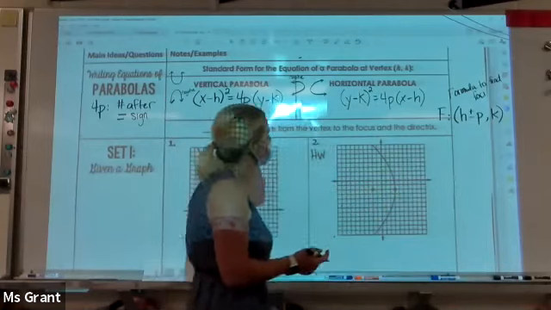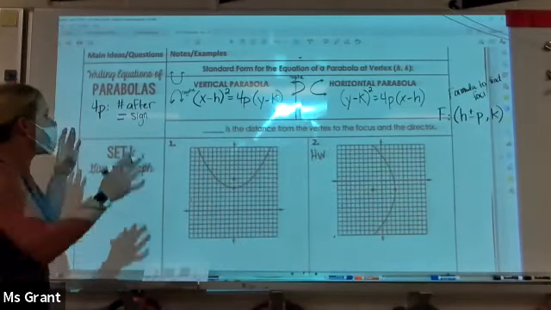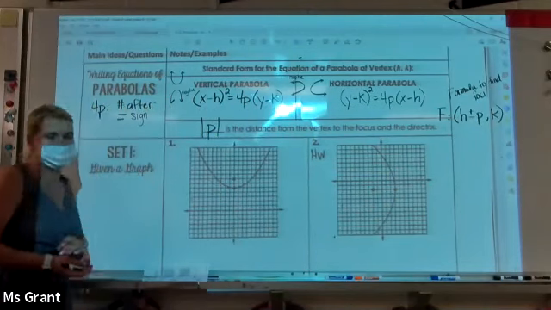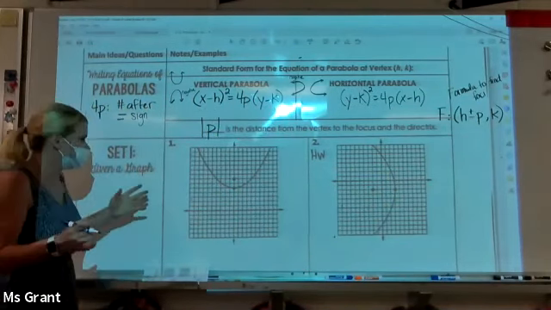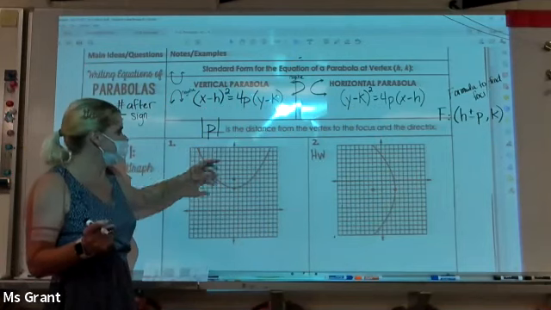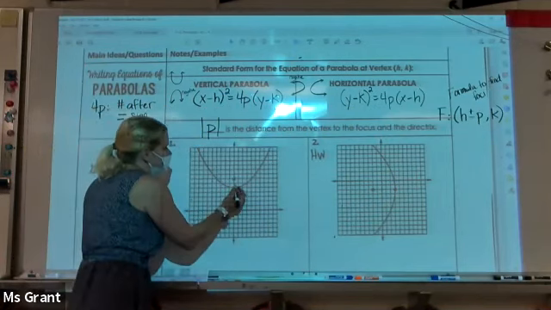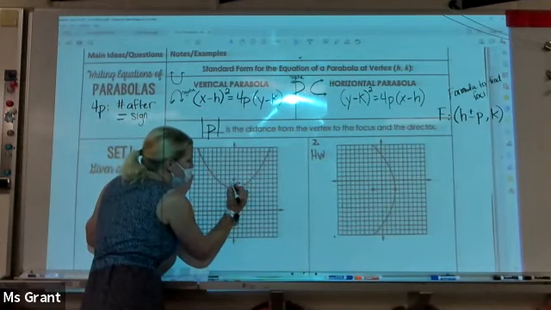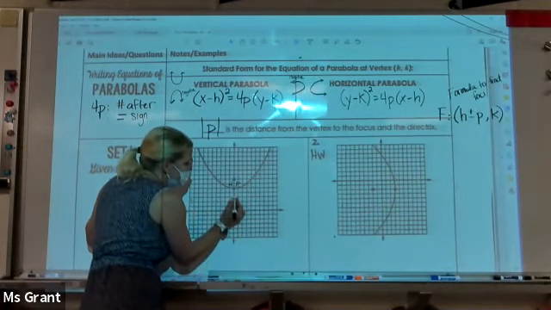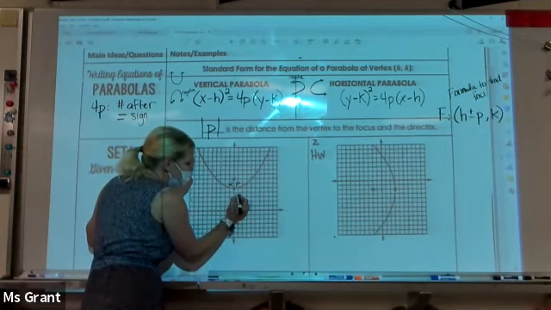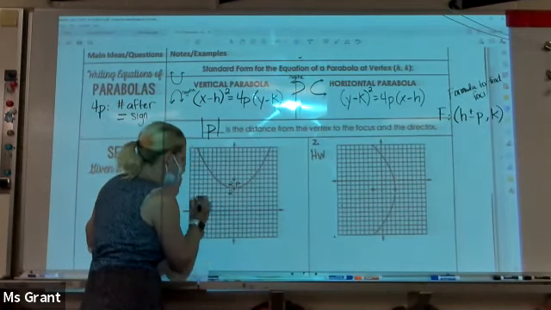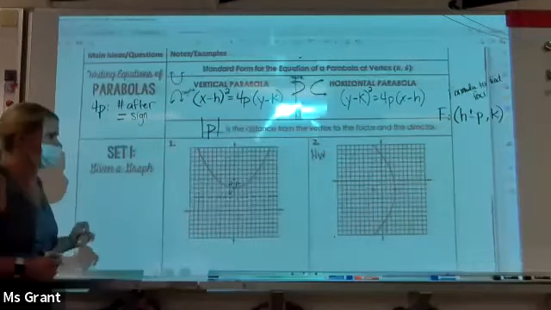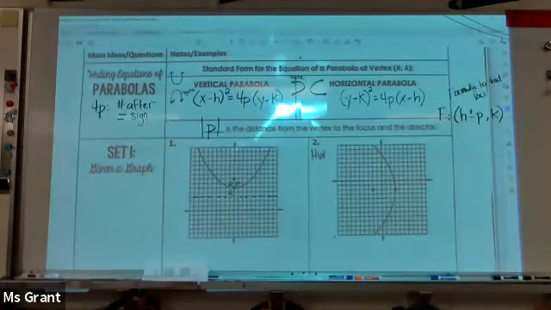Remember, P is the absolute value of P, how far away I've got my vertex from my focus. So this P right here would be 2 spaces. And then there's 2 spaces in the other direction. And that gives you your directrix. Remember that? That's a little recap from Friday.